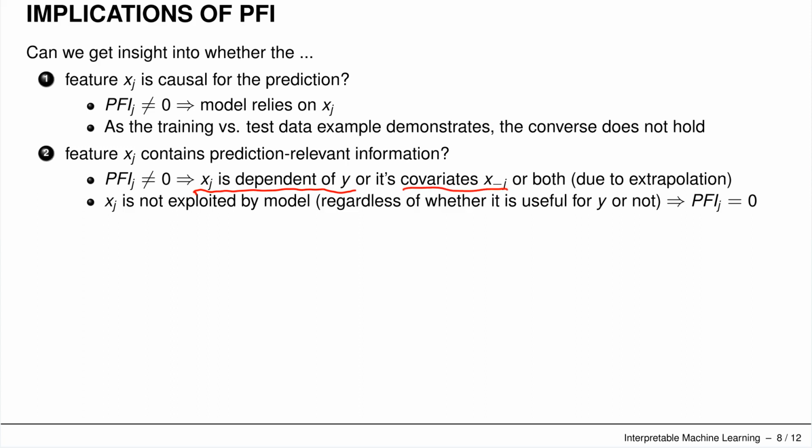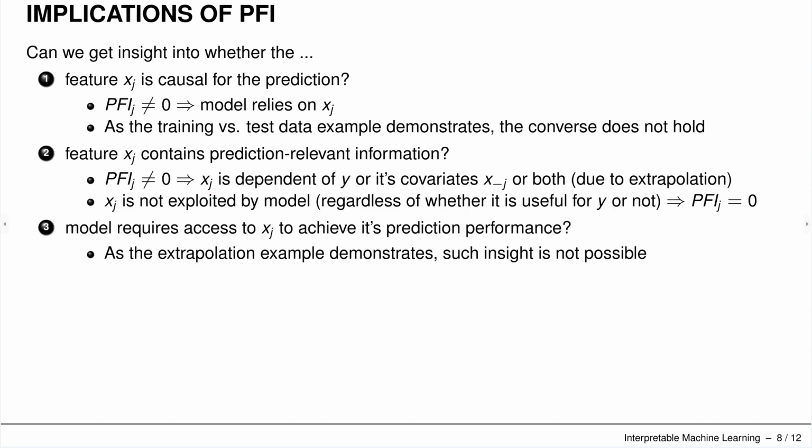And if xj is not exploited by the model, for example, it's never split on in a tree-based model, then PFI is 0. So it could be that the feature is actually useful for the true target, but the model never used it. If the model cannot detect the effect, PFI can also not detect the effect.